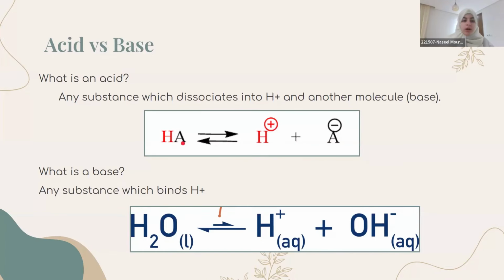Now, for bases, hydroxide ions are one of the basic examples. You see how it binds with hydrogen and produces water. So it basically neutralizes the hydrogen ion. This is what an acid and a base is.